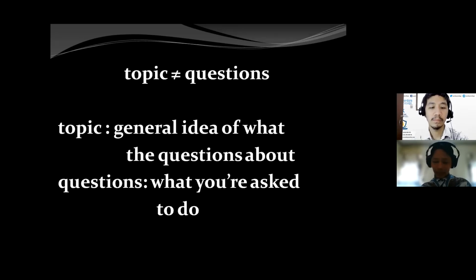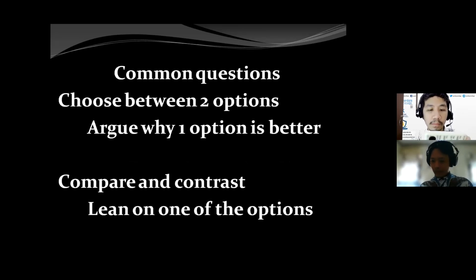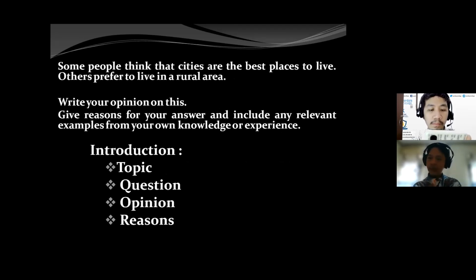Okay, to make this clear, have a look at these sample questions. Some people think that cities are the best places to live. Others prefer to live in a rural area. If we consider my questions before on the topic and the questions, are they the same? No, they are not the same. What is the question here?